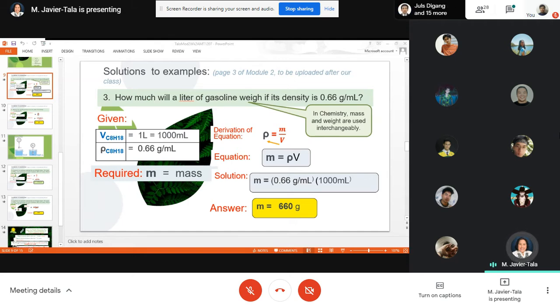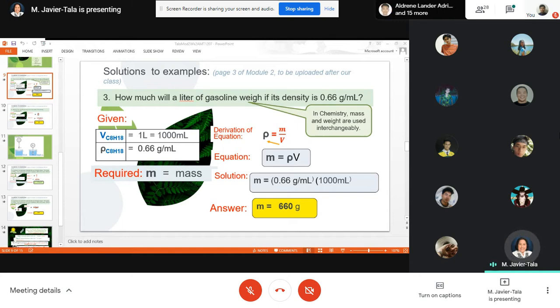But in physics, weight is a quantity equivalent to force, and it is not equal to mass. So in this problem, we consider weight equivalent to mass because we are still in chemistry. But in physics, they are different.